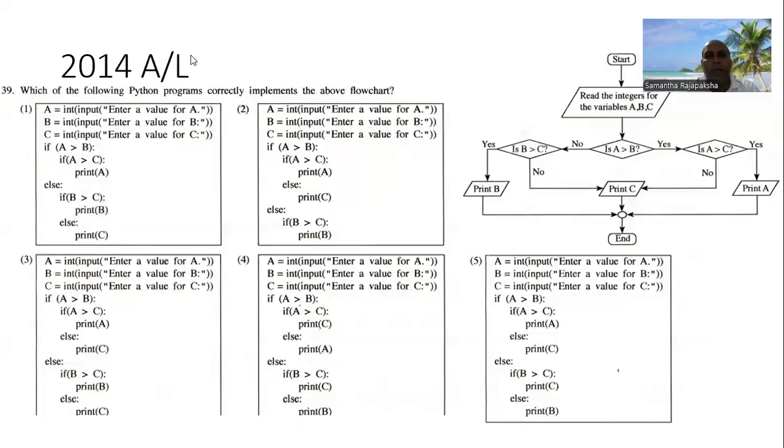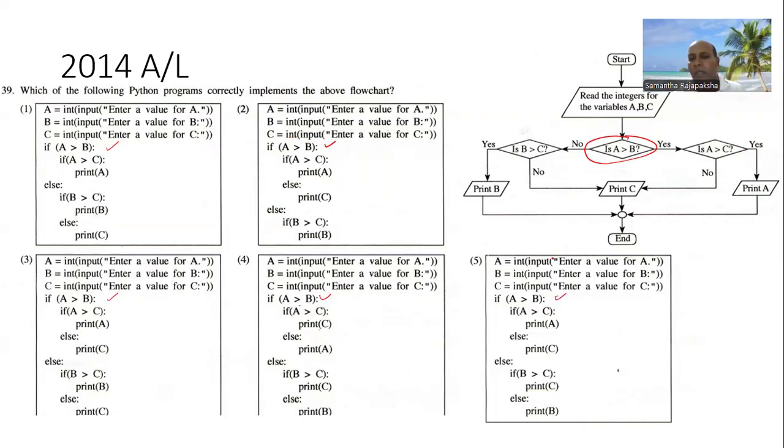Now this one, how do you decide the answer? You can see the first three lines are the same in all. Therefore, the first three lines are okay. Now here you can see the first condition is A greater than B. That is also correct in all of them.